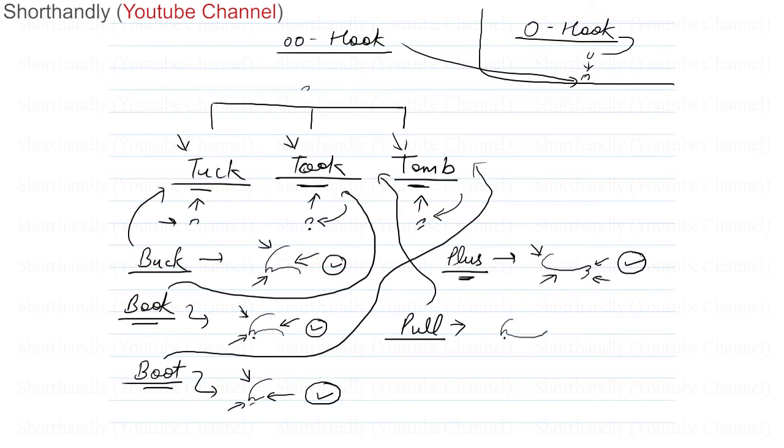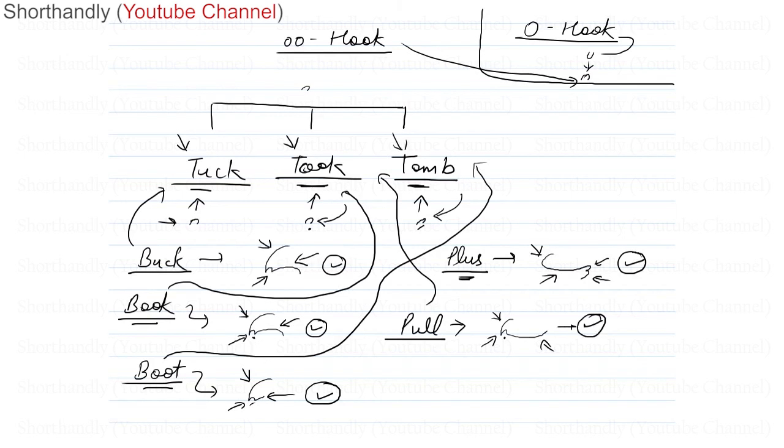First of all we have this P, then we have this oo hook and a dot, then we have this final long curve which is L. So this is our word pull.